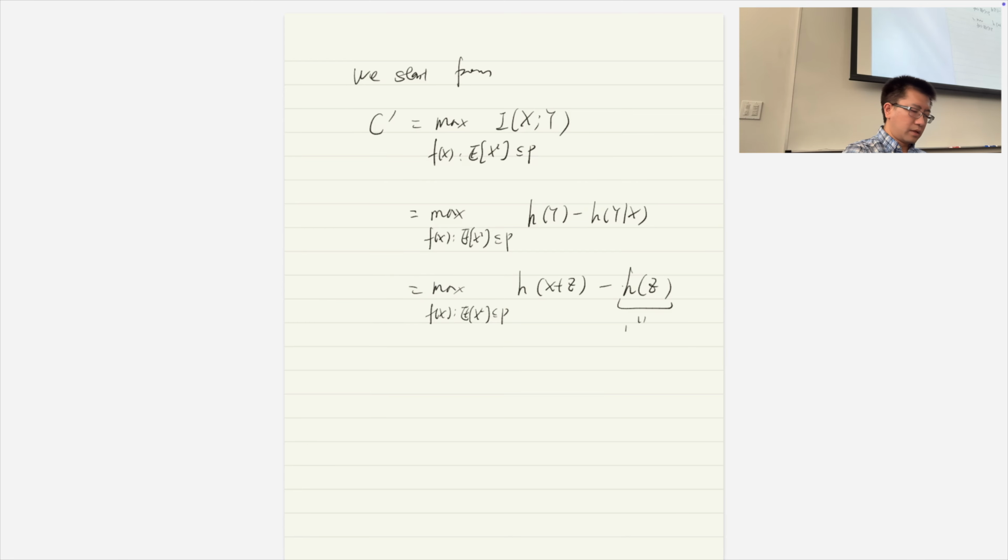That equals half log 2 pi e times the variance N. Now the tricky part is the first one. As we said before, we know Z is Gaussian, and the Gaussian distribution will maximize this entropy. How to make X plus Z Gaussian?